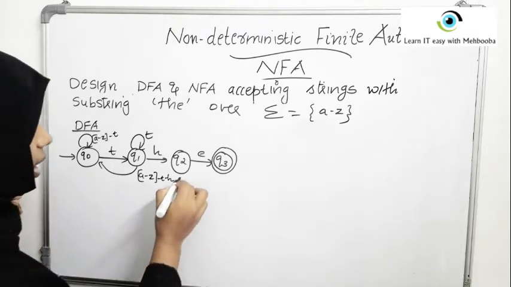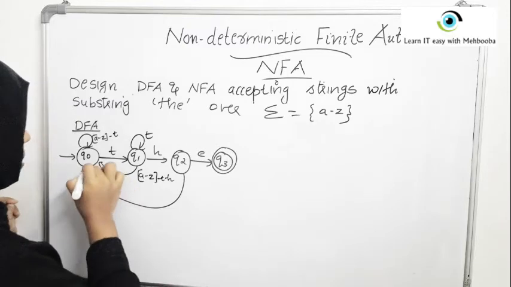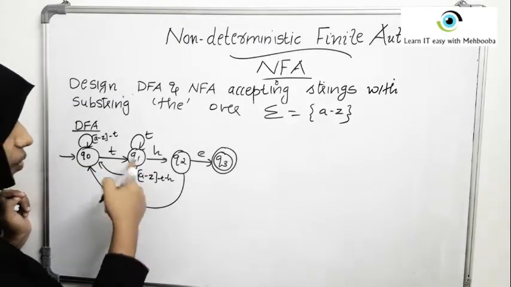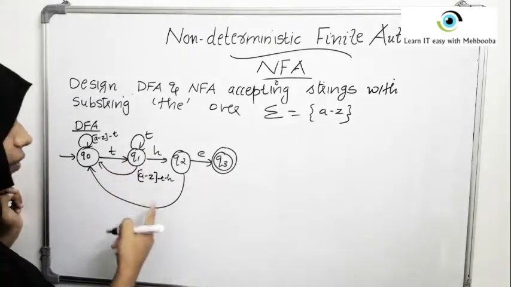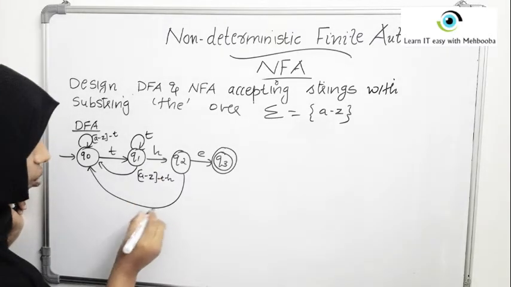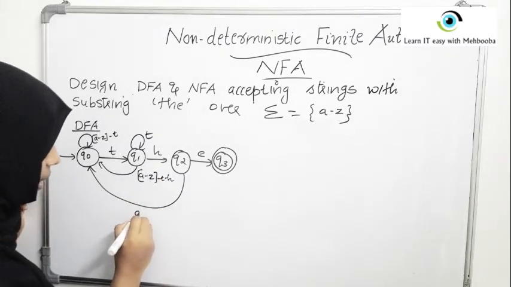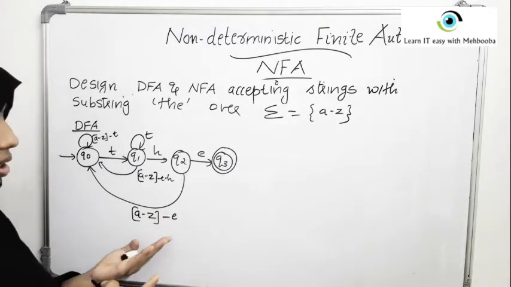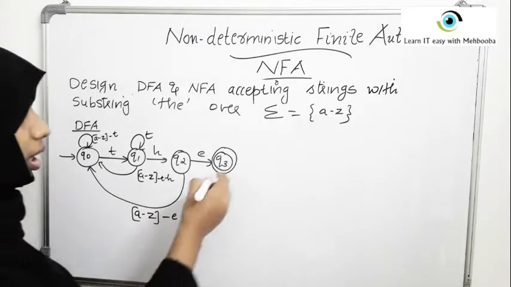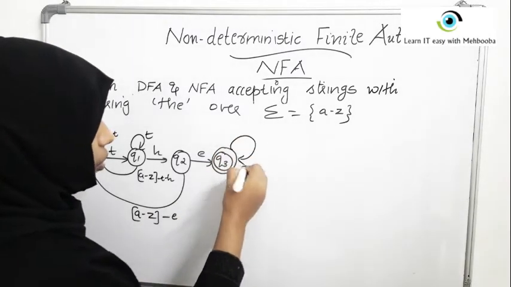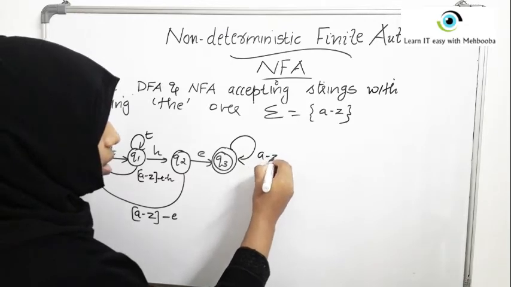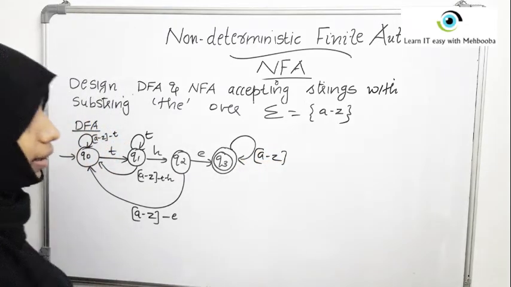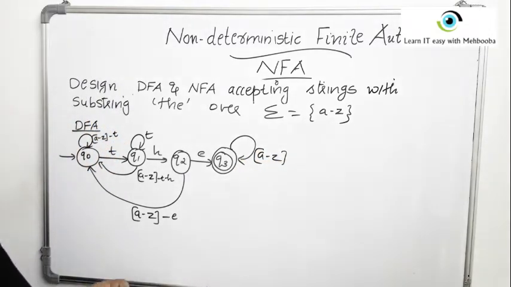If you are getting anything other than this, just go back here, because we need the substring T, H, E. That is A to Z minus E. If you are getting anything other than this, just go back to this particular point. Now once we get T, H, E, we have got the substring. Whatever comes, A to Z, it doesn't matter, you can just stay here. So this is the DFA. Hope you understood.